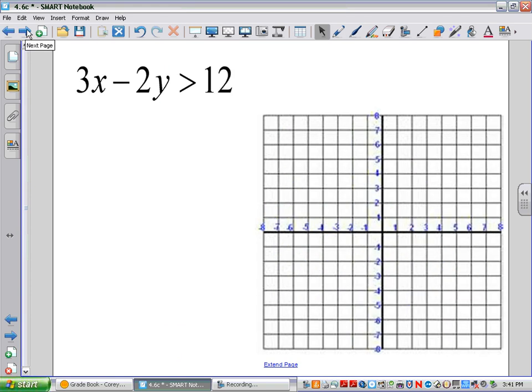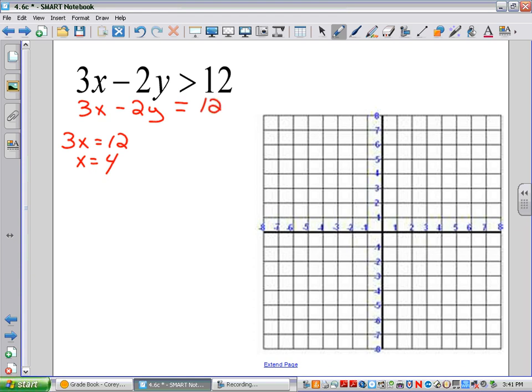With this next one, you should be able to see 3x minus 2y is greater, I'm sorry, put an equal sign in there. Equal sign. Well, if you pretend like the 2y does not exist, you should see 3x is 12. In other words, x would be 4.